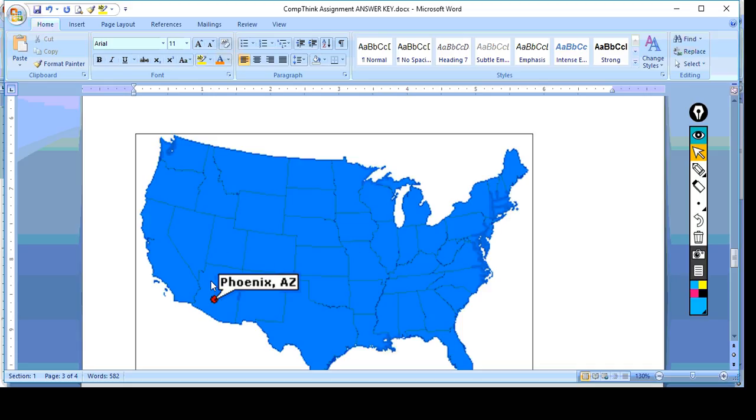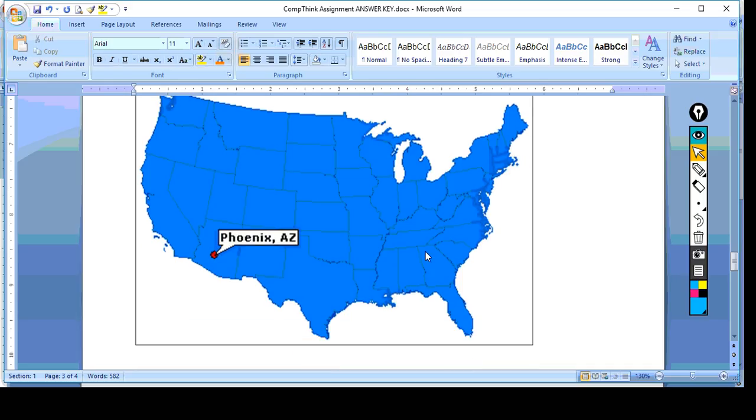It's filtering out all the other cities in the country, roadways like freeways, and rivers and different things like that. So there's a lot left out, but maybe this map is the solution to the problem: show a kid where Phoenix is in relationship to the rest of the United States. And so this is an abstraction.